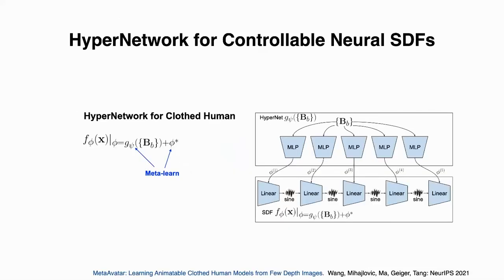Now, let's take a closer look at the whole controllable neural SDF function f. Phi star is the meta-learned initialization of function f. It is meta-learned without pose conditioning. Our hypernetwork is also meta-learned to take target poses as input and predict the residuals to phi star to generate the final parameters of the neural SDF function f. Now, the final neural SDF function is controllable by the target poses and produces nice animated clothed bodies.